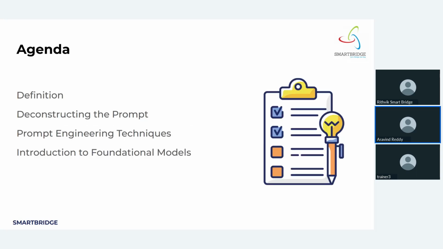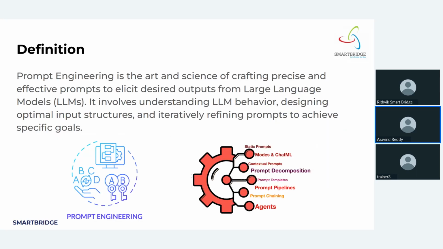So what is prompt engineering generally? For example, we have a model that understands only math, only 0 and 1.